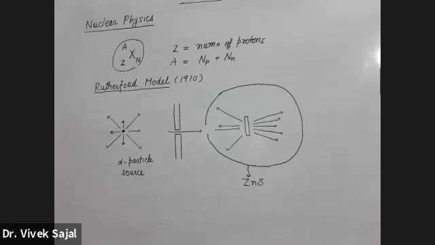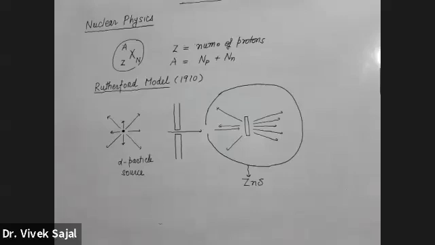Even 97, 98% or greater of the alpha particles are moving nearly undeviated. There was roughly no deviation, or if there was some deviation, it was roughly 1 degree or 2 degree or 3 degree.